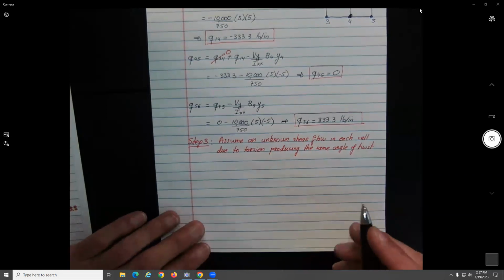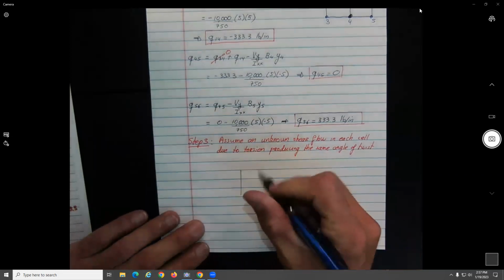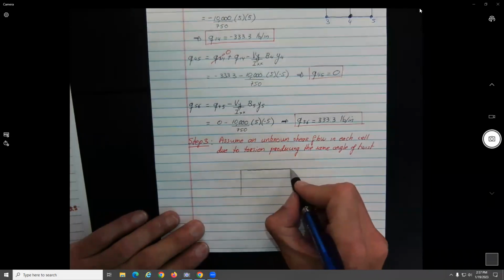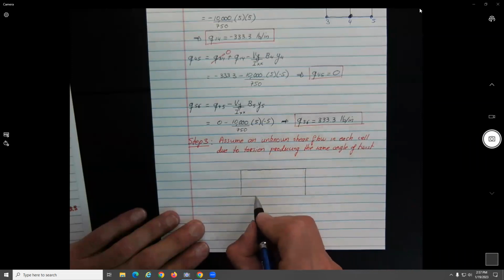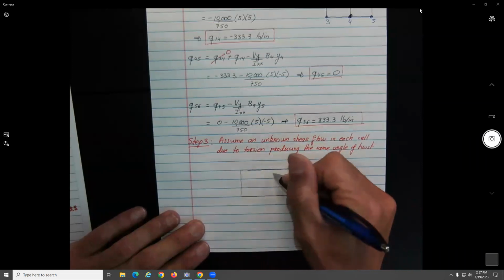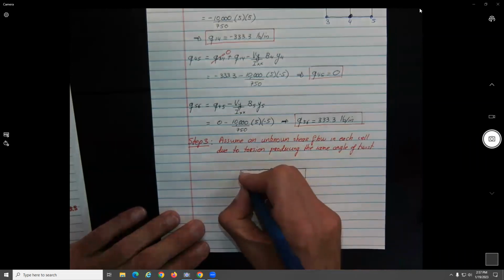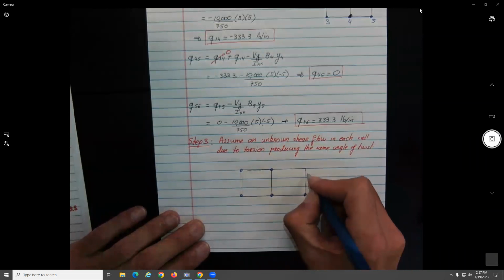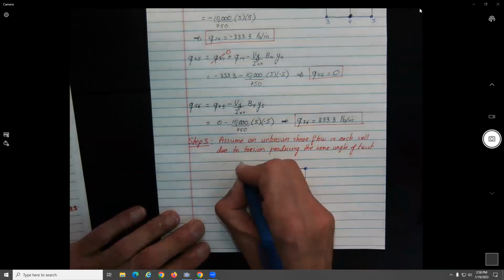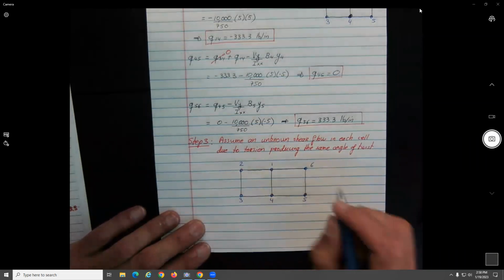So let's see. Let me just do the figure now again. Another figure. So now I do the figure without the cuts. This and this, we still have those booms, that will be 1, 2, 3, 4, 5, 6.